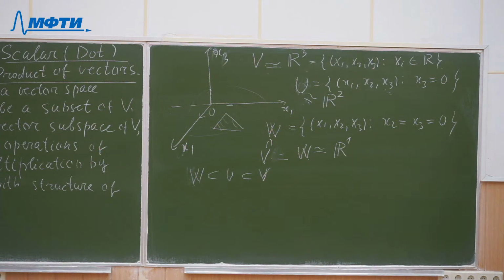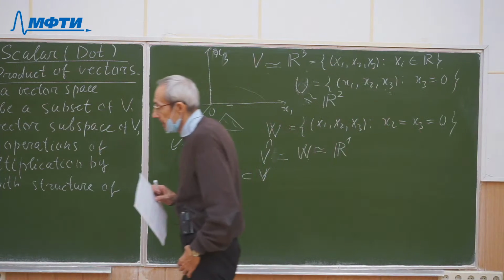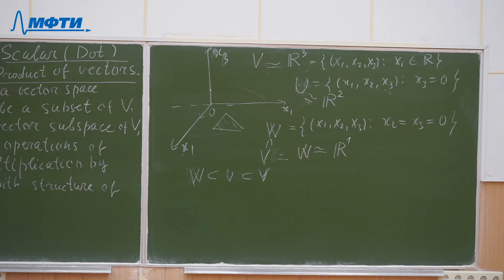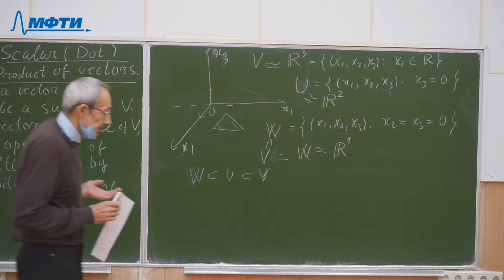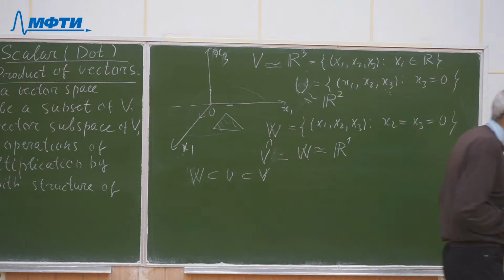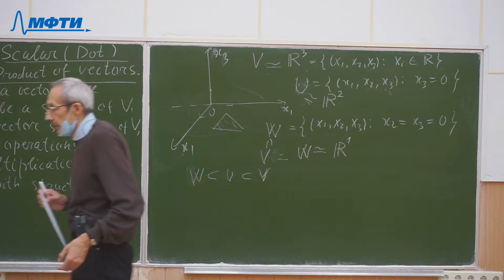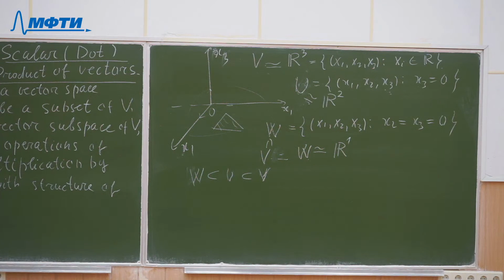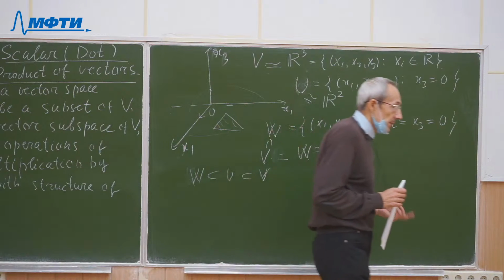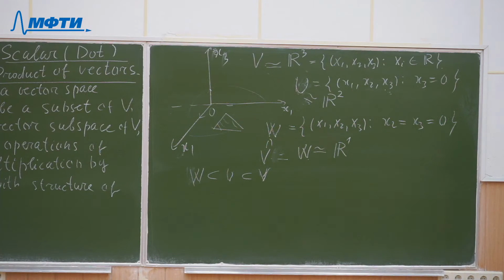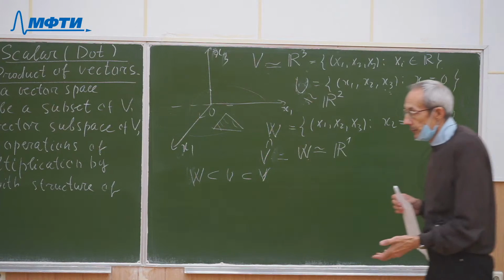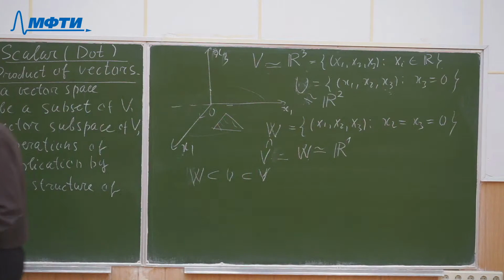How to check that a given subset is a vector subspace? By definition, the vector space is a set with operations of addition and scalar multiplication, and these operations are defined by some axioms, some properties, and in correspondence with this definition we must check these axioms.